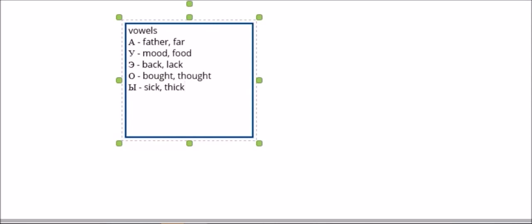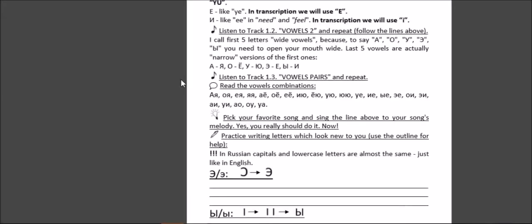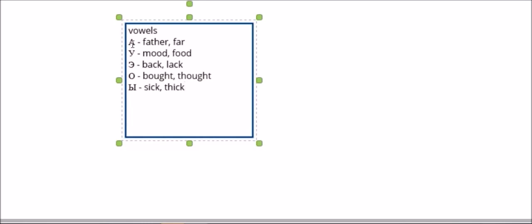I hope you'll practice more. You just have to say it out, call the letters out. See how I did it for my students in my book, which is I Speak Russian. I made outlined letters to show how to write them step by step, and I made some lines so my students could practice in the book. But you could do the same in your copybook, and I advise you to write more than 3 lines. You could write half of the page or more. Also, to practice, you can make cards.